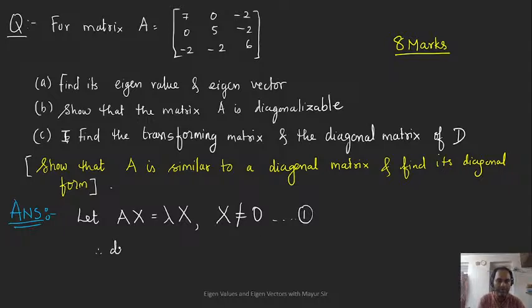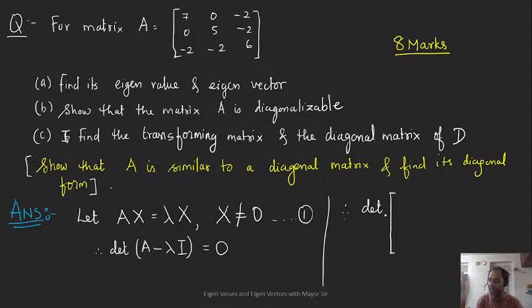Therefore, determinant of A minus lambda I equals 0. This is what we got. Now we write our matrix. How do we write the matrix here? When you formulate this, you write the determinant notation outside.